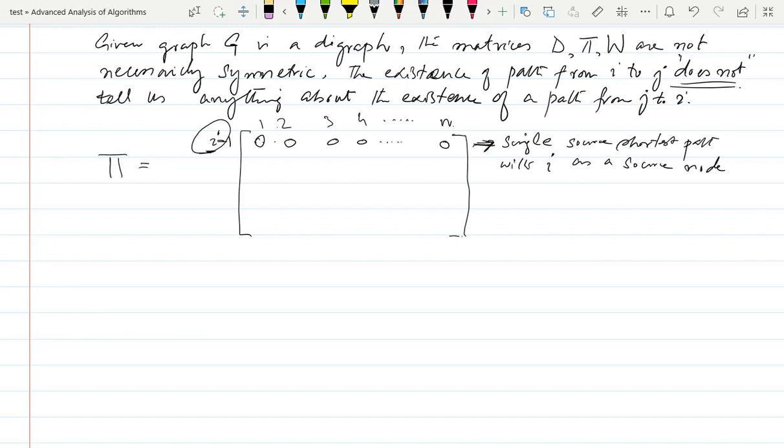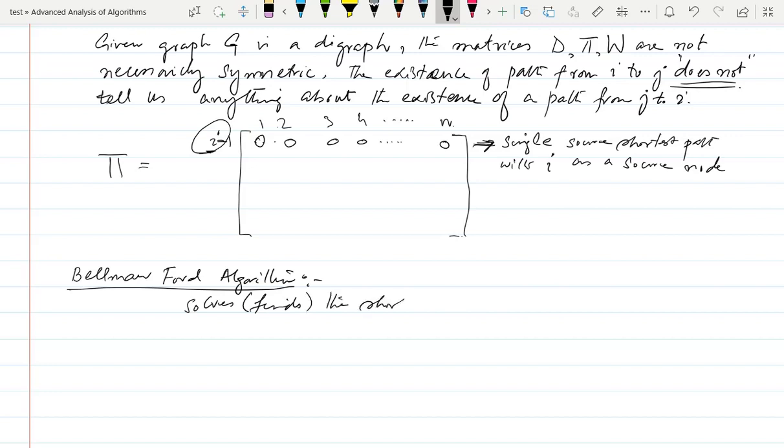Let's start off with a very simple approach. We have studied the Bellman-Ford algorithm, and Bellman-Ford algorithm finds the shortest paths between i to j, right? Where i is your source node.